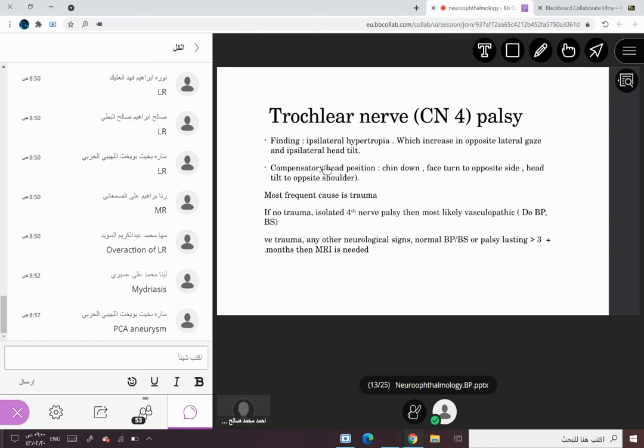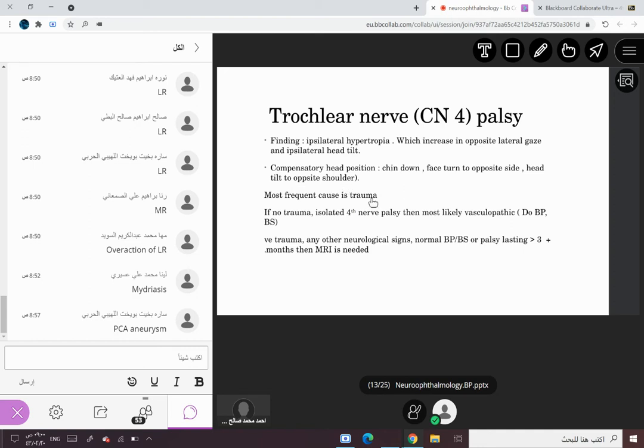All this compensatory head tilt and head position is because they are trying to avoid diplopia, because most of these patients, in acquired fourth cranial nerve palsy or even in congenital, will have this position. So they are trying to avoid the diplopia by this position.